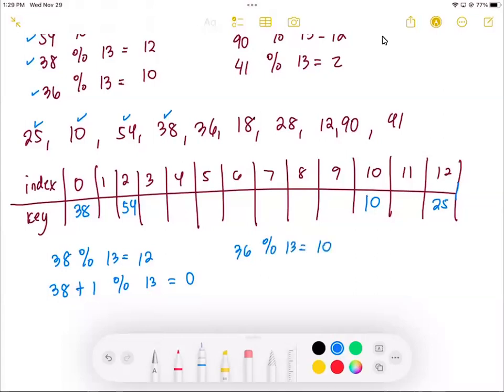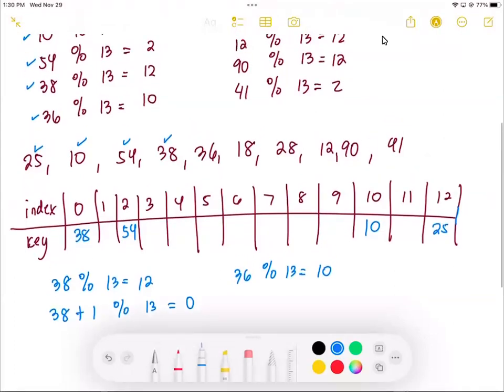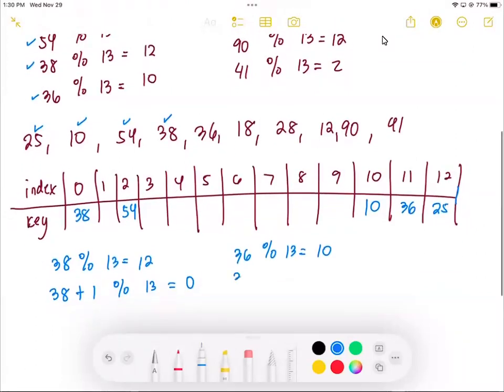So we just do linear probing and add 36 in the 11th bucket. How did we do that? We just add 1 to the key, so modulo 13, and that will give you 11. All right? So now we are also done with 36.